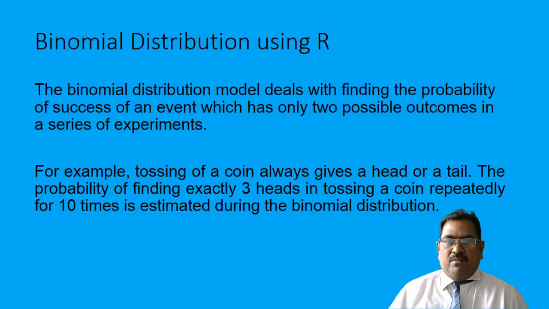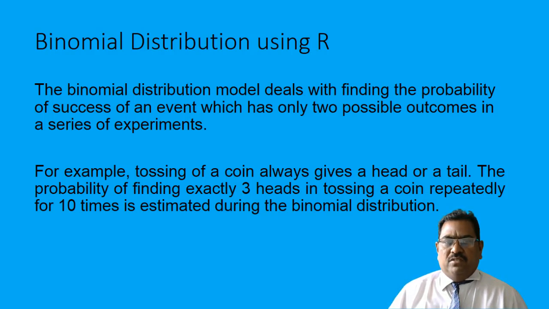What is the meaning of binomial distribution? The binomial distribution model deals with finding the probability of success of an event which has only two possible outcomes in a series of experiments. Generally, binomial distribution is applied only when the experiment has two outcomes only. In real life, some events have only two outcomes: success, failure, good or bad, accept or reject.